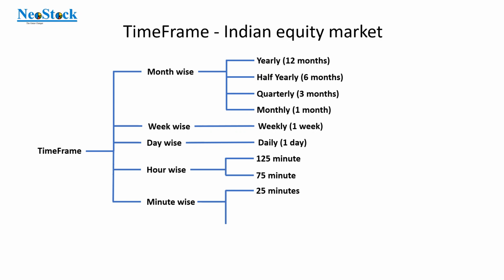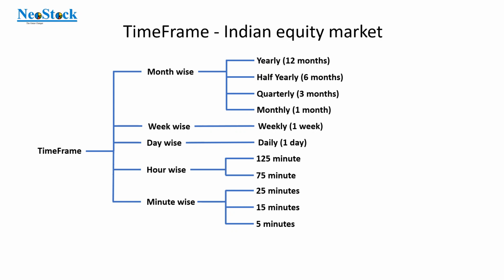So 25 minutes is nearly equal to 30 minutes. And 15 minutes is as it is, no changes. And 5 minutes is also as it is, no changes. So these time frames we will be using in our analysis.